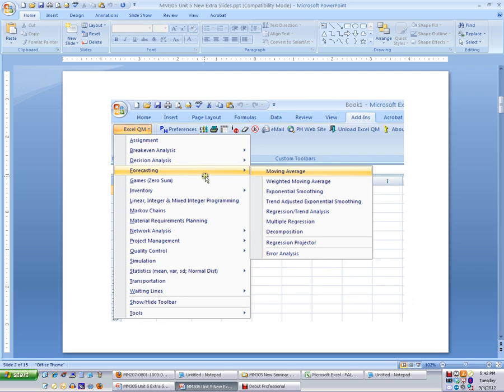The first technique we're going to use is the moving average. If you installed Excel QM, open it, click on the Excel QM button, and underneath you'll see the modules, and forecasting will be one of them. You're going to select moving average, which is the first technique we're going to use.